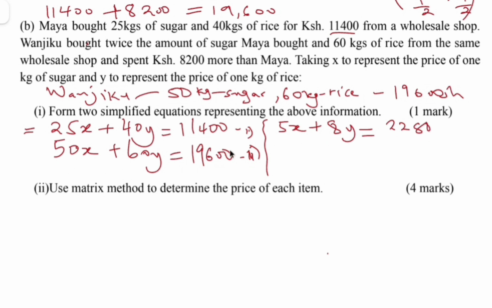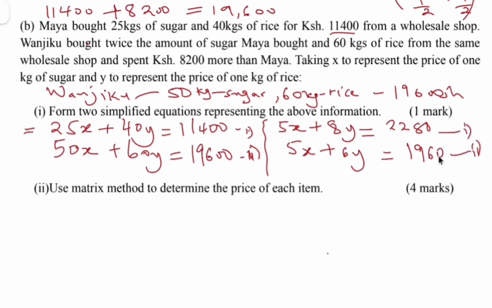You can also simplify the second equation, 50x plus 60y. If you just divide by 10 all throughout, itakupa 5x plus 6y equal to 1,960. So this is your equation 1, equation 2.